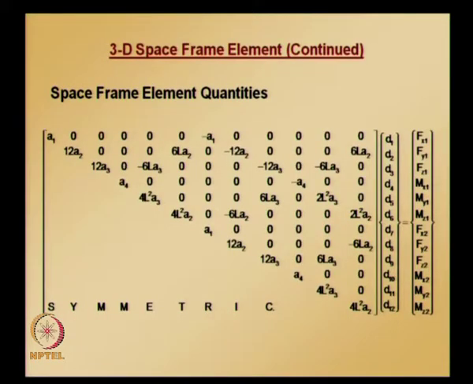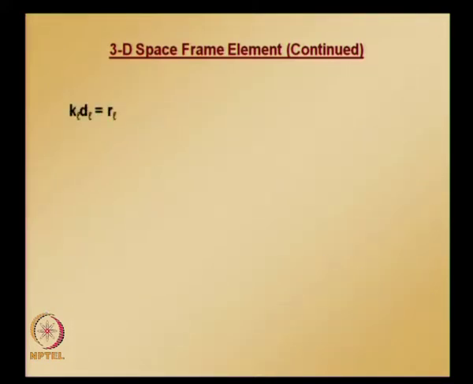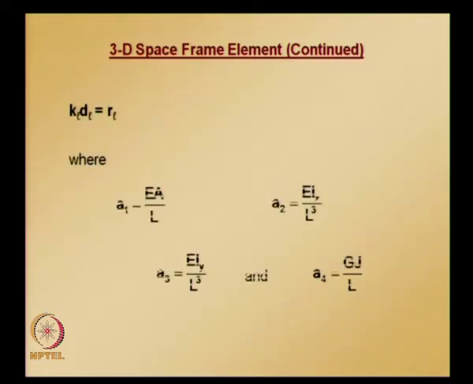All these effects put together, assuming they are uncoupled under the small deformation theory assumption, we obtain these element equations. Here these coefficients A1, A2, A3, A4 are defined like this. The previous element equation can be compactly written as KL dl is equal to RL.